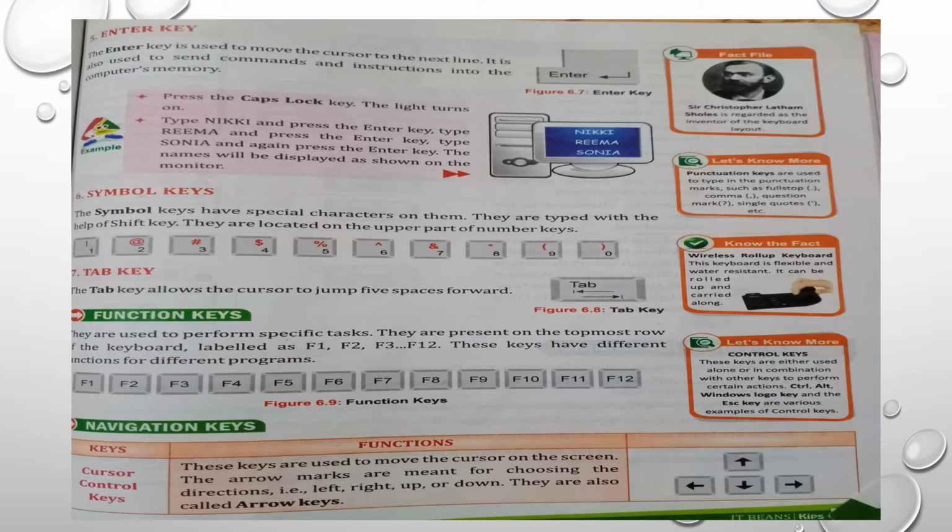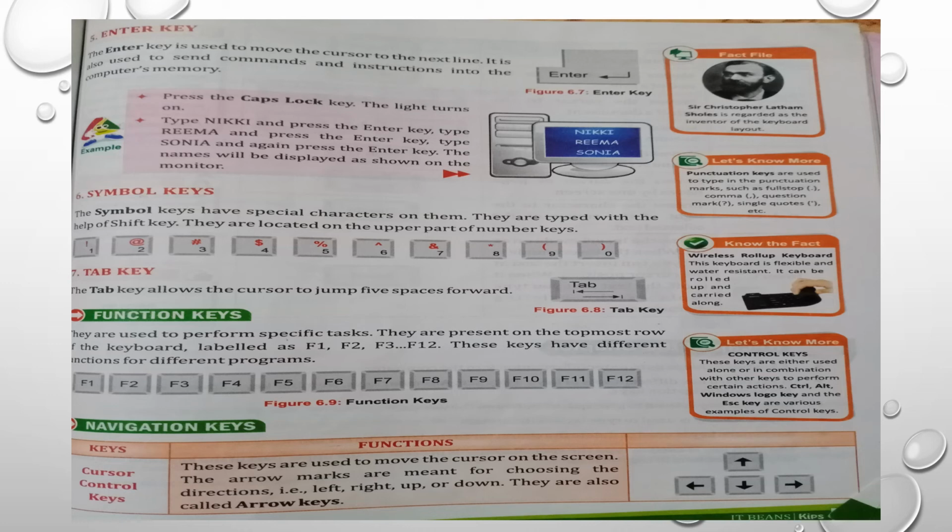First is the cursor control keys. These keys are used to move the cursor on the screen. The arrow marks are meant for choosing the direction. It means left, right, up or down.